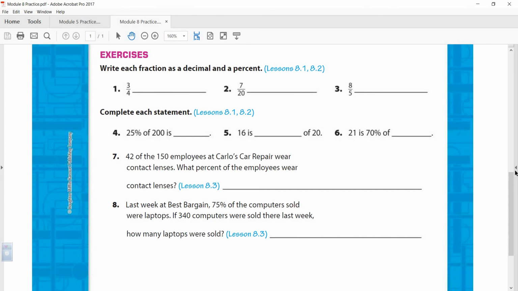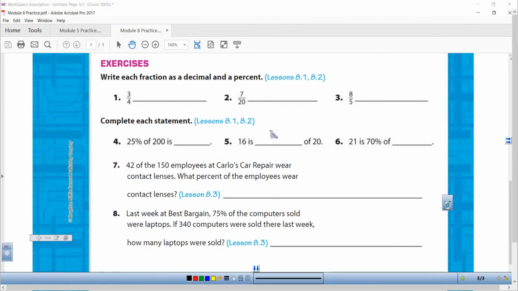All right, so let's do these problems right here, and then we'll be done with this first video. Write each fraction as a decimal and as a percent. Well, 3/4 is one of those ones that you should be referring back to what you have memorized. 1/4 is 0.25, so 3/4 is going to be 0.25 times 3, which is going to be 0.75, which is 75%.